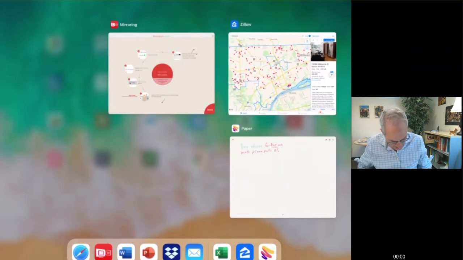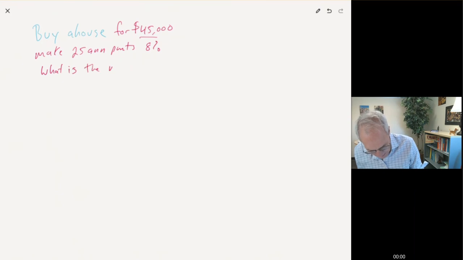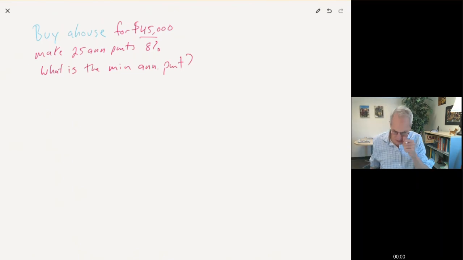All right, so let's go back to this example. So you want to buy a house for $45,000. My first question is, what would be the minimum annual payment? You can use your calculator here. You can even use your financial calculator here.